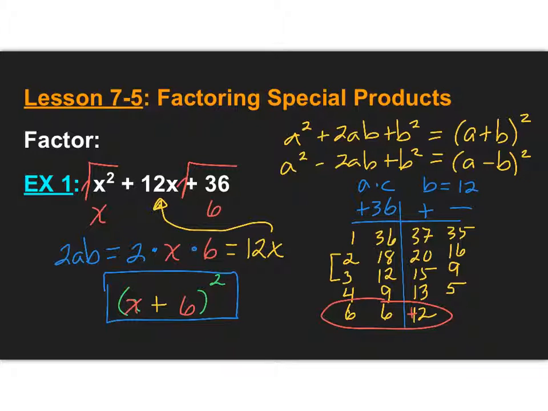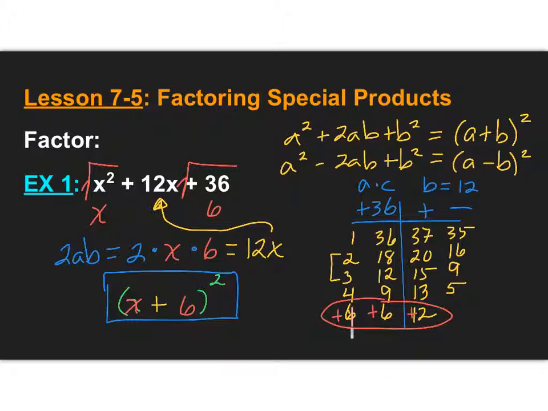So the bigger the two terms, which are the same, gets you a positive. So the only way to get a positive product with a positive 6 is for the other 6 to also be positive. And since, remember, there's a shortcut, if there's no coefficient in front of the squared term other than 1, we don't have to actually rewrite the 12x and replace it with 6x and 6x.